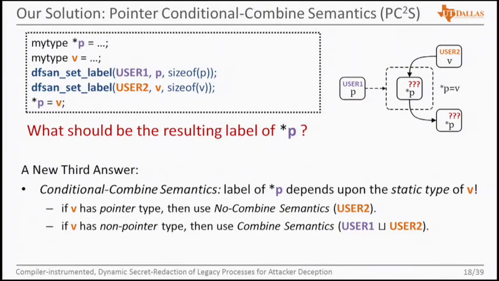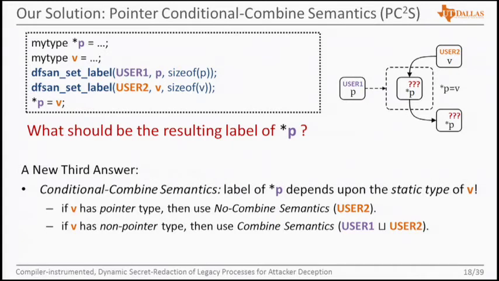So our solution that we've implemented to solve this problem is an enhanced semantics for taint propagation called pointer conditional combined semantics. And that basically says that the thing that P points to should be tainted conditioned upon the static type of the pointee.